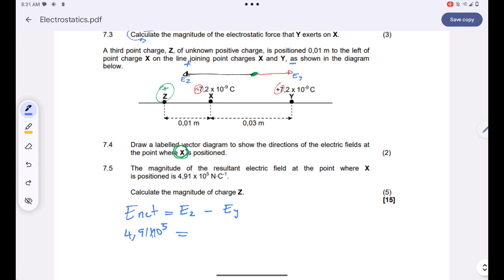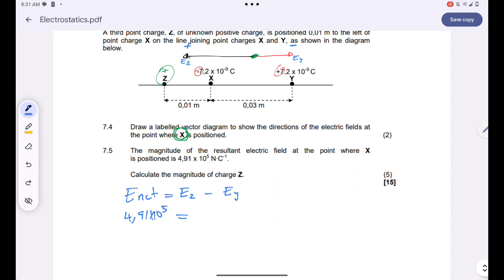This is equal to, I do not know the charge, but let me just substitute.